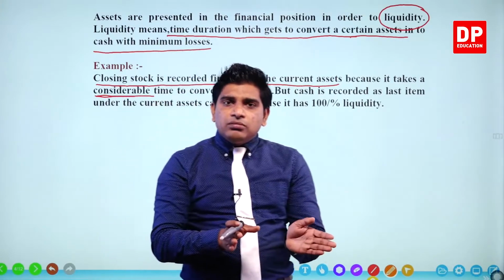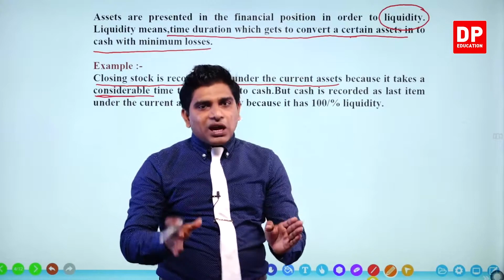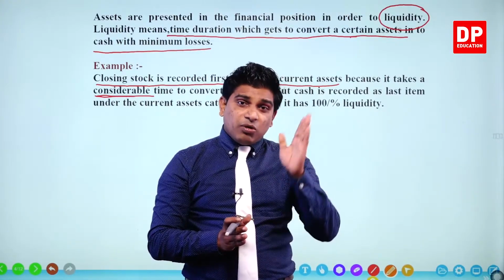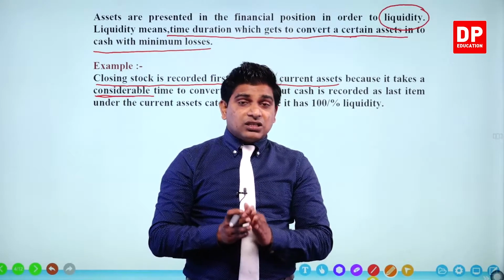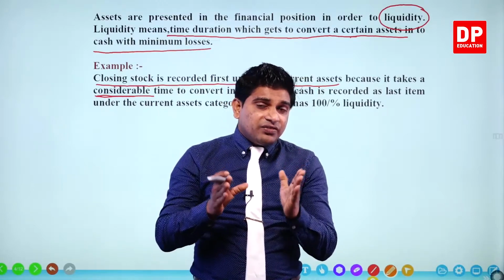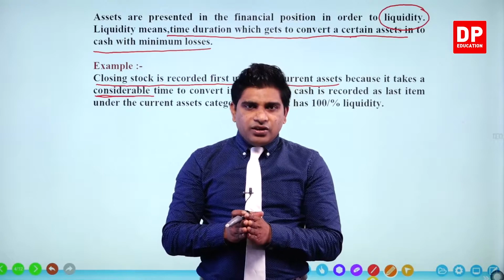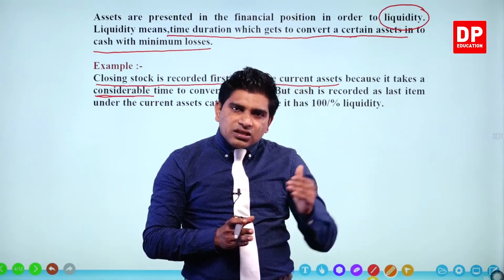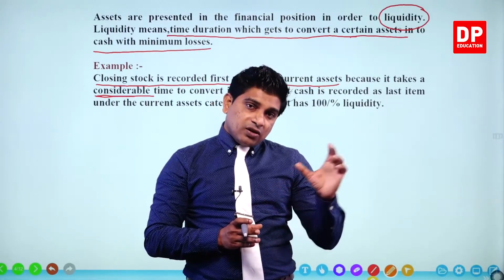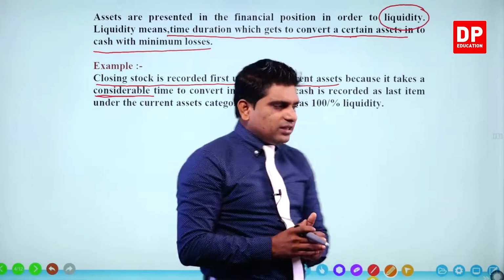No time is needed to convert money into money. Why? Money is money. 100% liquidity is there. But think about land. It takes a long time to convert into money. 100% liquidity is for cash. When you write these details in the statement of financial position, you have to enter them in order of liquidity. When we practice, it's very easy for you, right?